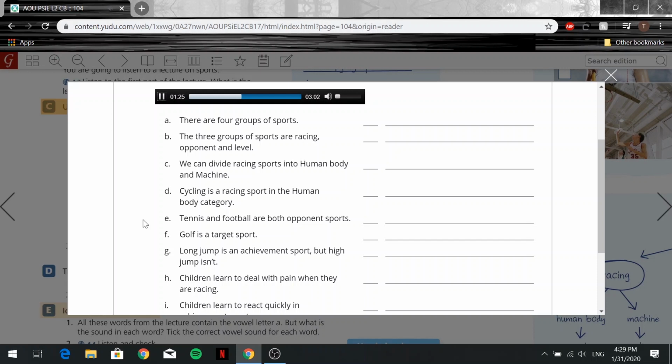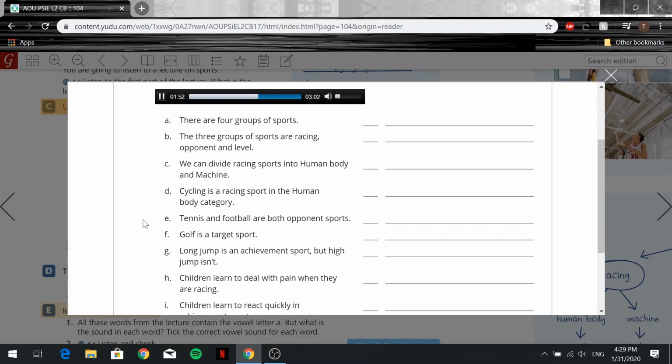Finally, let's turn to achievement sports. In achievement sports, there are also two subcategories. Sometimes we try to reach a target. For example, in golf, we try to get a white ball into a small hole. So that's a target sport. Sometimes we try to achieve a particular quantity, distance, for example, or height. In the long jump, we try to jump farther than all the other people.